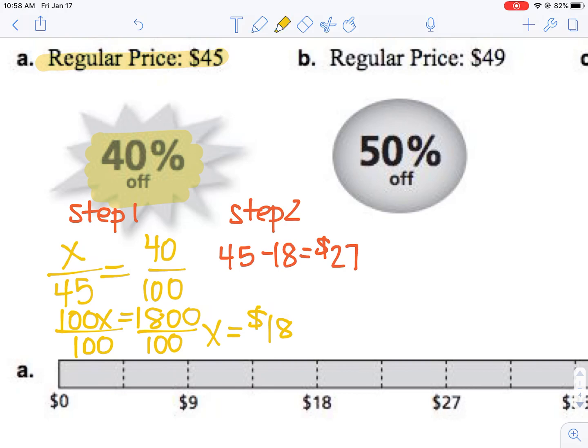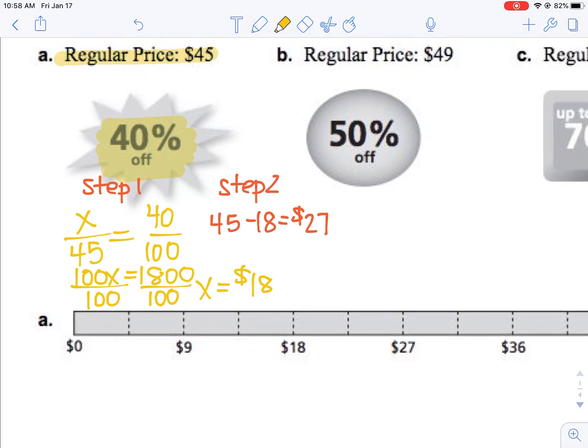So it's going to have you go down here in part A, and it wants you to highlight up to the discount. So the discount on this one was $18. So we're going to highlight all of this in. And then we know the total cost of the shoes was $27 after the discount.